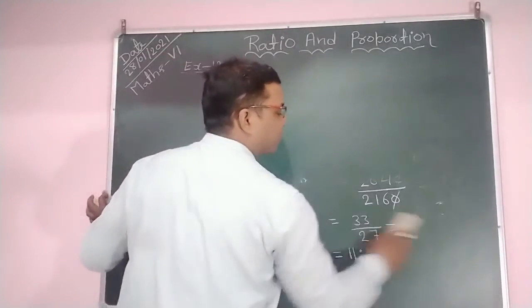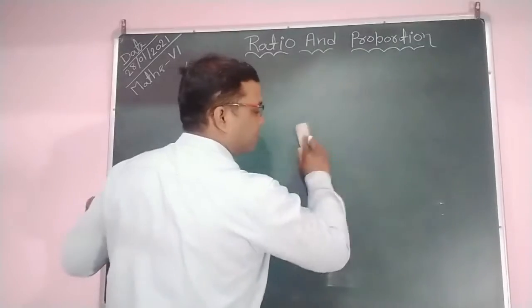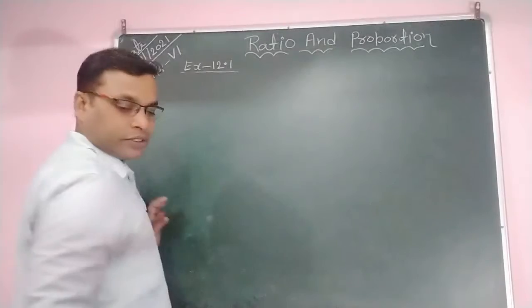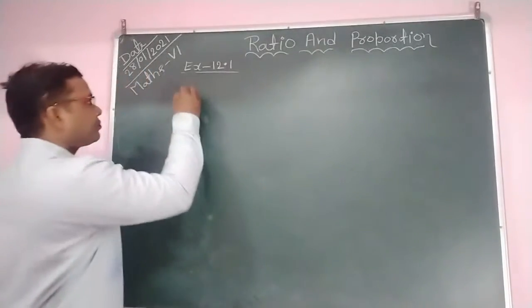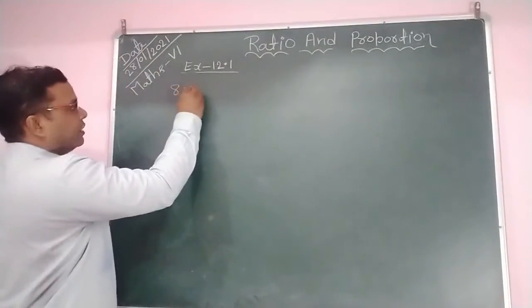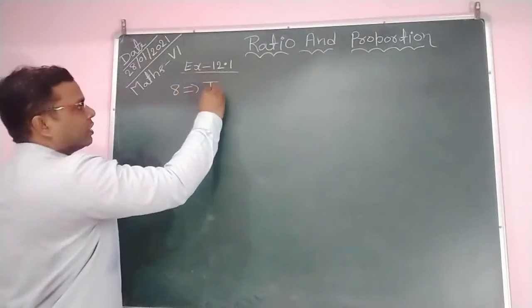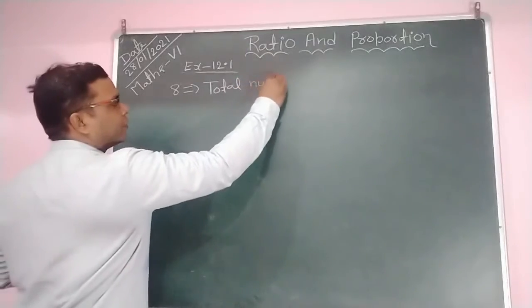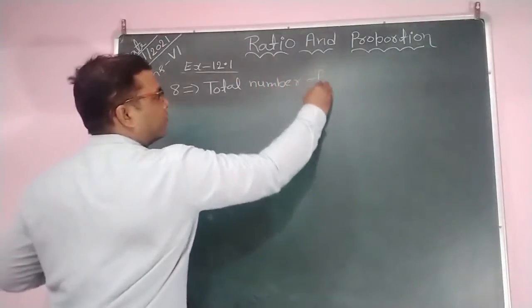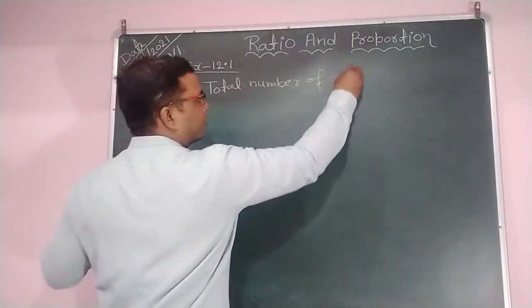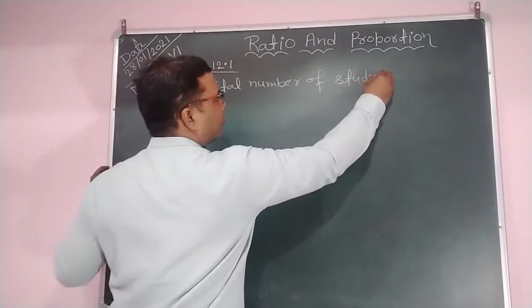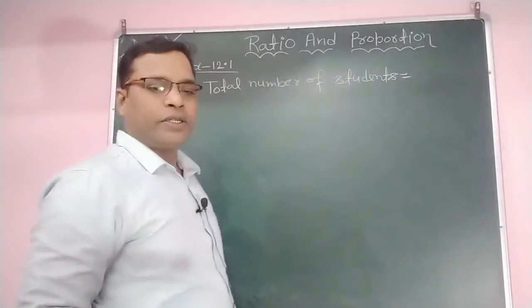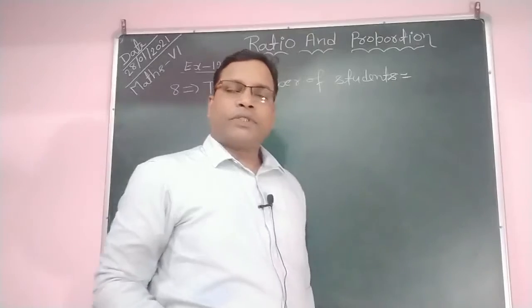In question number 8, the total number of students in a school is given here, 4,320.